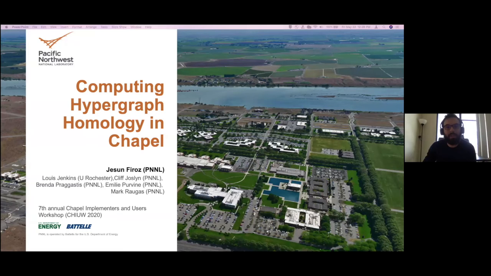Okay, thanks. The next question in the Q&A is what led CHIUW to use coforall plus on plus coforall plus local, sort of like an SPMD approach. I think you alluded to this a little bit, but maybe you want to clarify why you didn't use higher level approaches and just used coforalls?